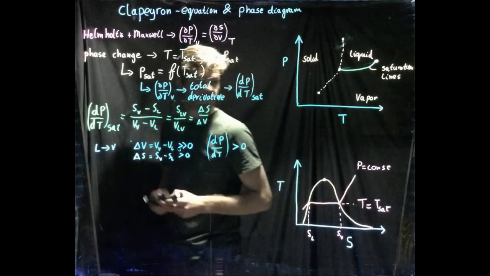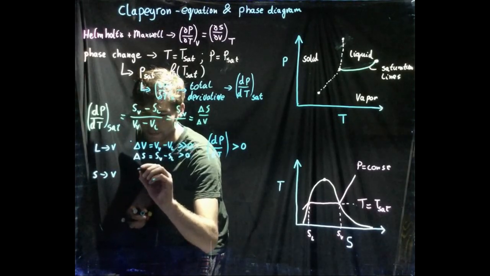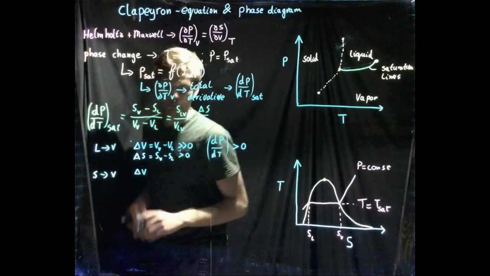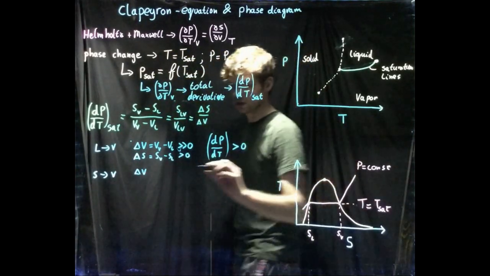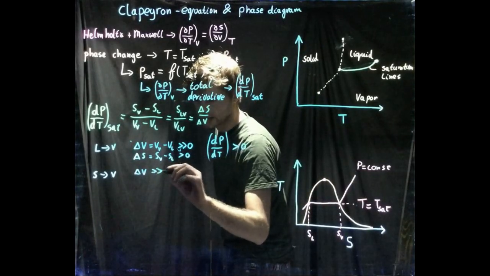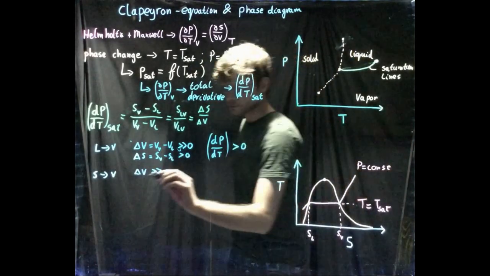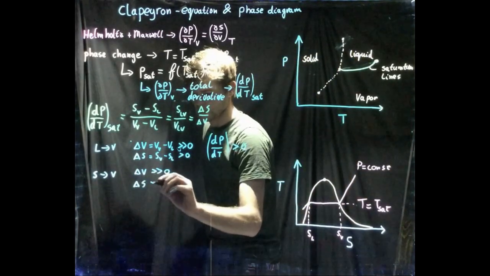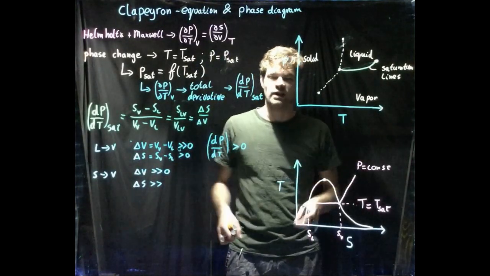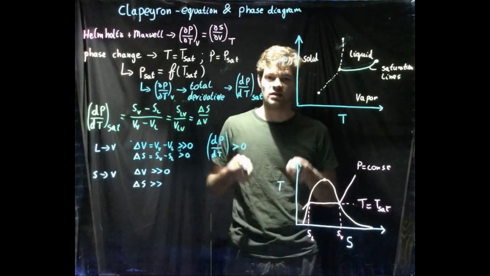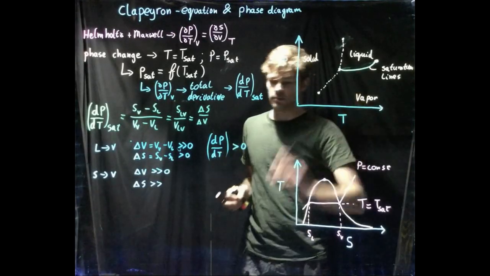Okay, so let's look from a solid to a vapor. Delta V volume will increase a lot as well. So going from a solid to a vapor, volume has to increase a lot. So that will be really large. And now my entropy will be really large as well, because going from a fixed state with everything aligned, all crystals aligned very precisely, with a very low entropy, going to the maximum state of chaos as a vapor.